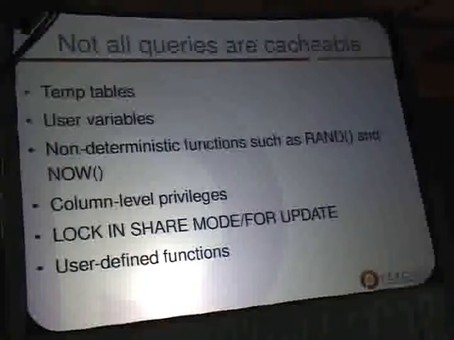For example, let's say that somebody says select star from a table, and then someone else comes in and they don't have privileges to that table. They should not see the cached result set, right? So part of what MySQL stores in the query cache is a structure that represents your privileges on the tables that are involved, along with some other metadata. And it does do a privilege check before it sends you back the result. However, column level privileges will disable caching and returning those results.